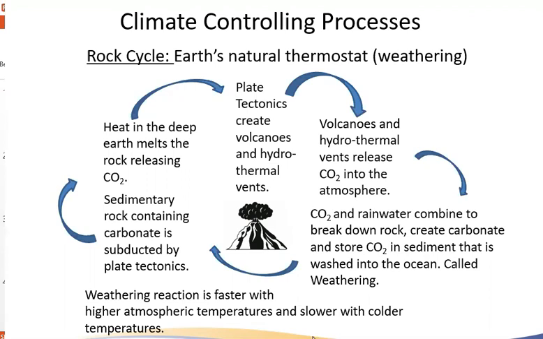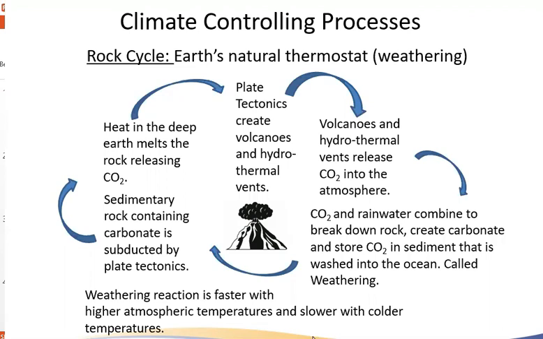With the development of life, atmospheric carbon dioxide is also captured by that life, first in sea life, and then much later in life on land. As sea life develops, the marine plant organisms take carbon dioxide from the atmosphere. But as it dies, it sinks to the bottom of the ocean.